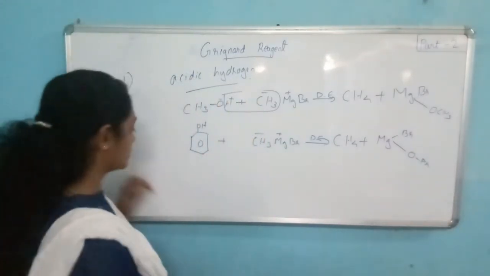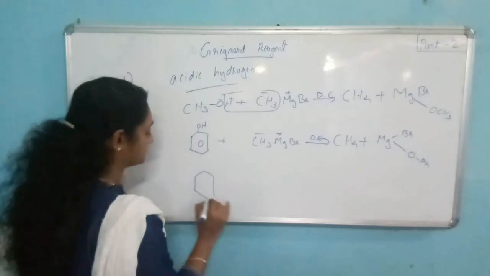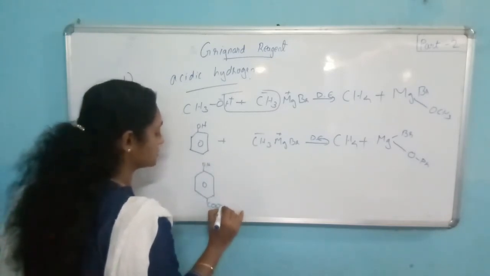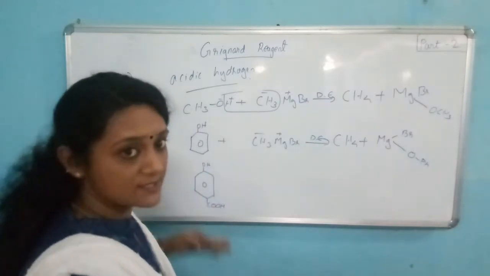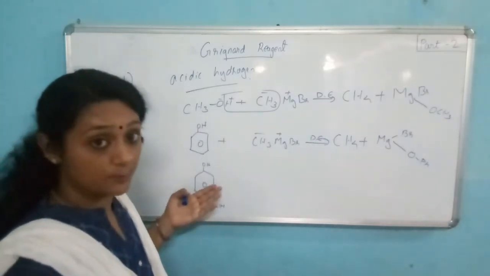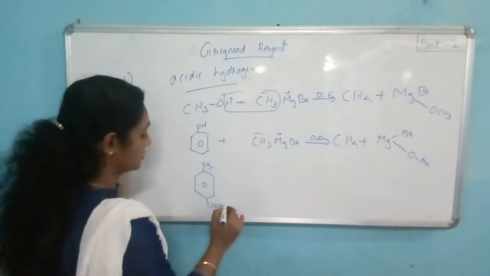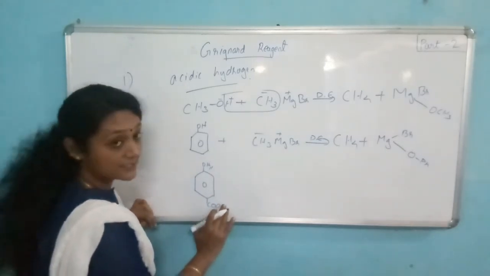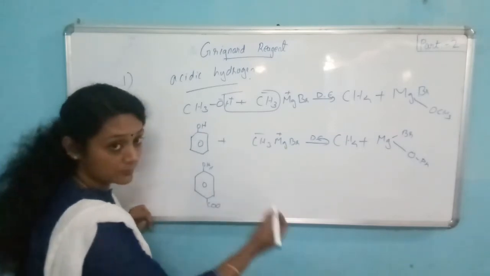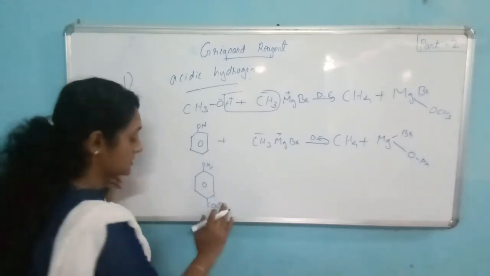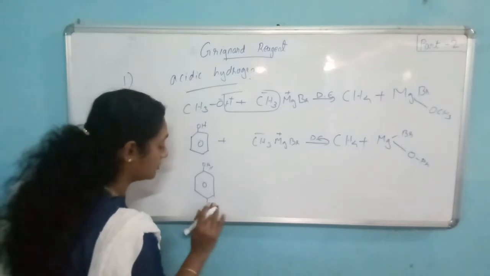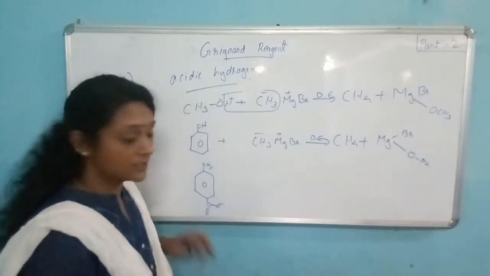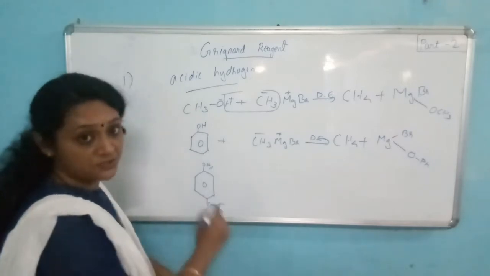Okay, next compound is OH, COOH. Tell me which one is the higher acidic proton. This proton or this proton? This proton is highly acidic. Why? Because after the removal of H plus, this carboxylate anion is formed, C double bond O minus, which is a resonance stabilized structure.